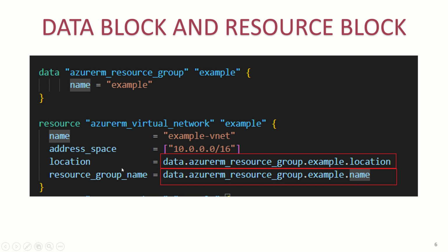Similarly for location, we'll use data.azurerm_resource_group.example.location. So in this way we can give a reference of an already created resource to the newly created resource that we are going to create using this Terraform block.